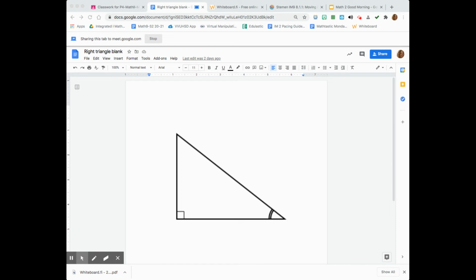Okay, so Isabella, you can turn your camera on and show me your triangle, and I'll mark you off. Here we go. Looks good. I can see it. Got you marked off.